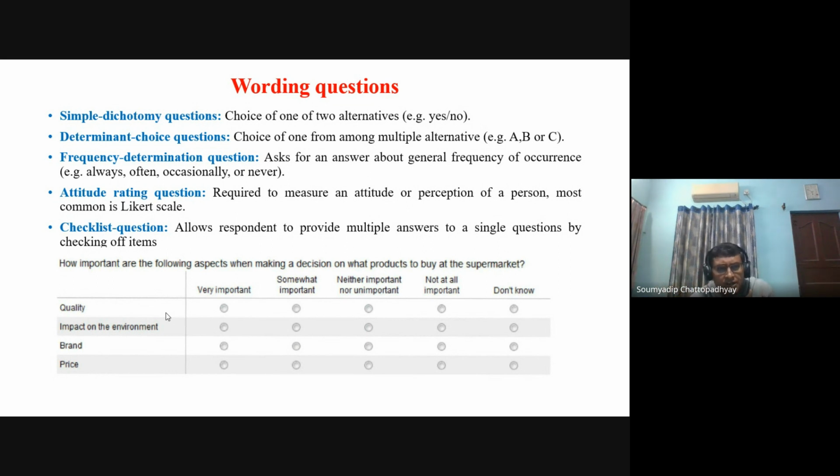That may be related to quality, impact on the environment, brand, price, and so on and so forth. Depending on that, you can think of incorporating all these aspects in your questionnaire and code them accordingly in order to make a meaningful decision about buying the product in the supermarket.